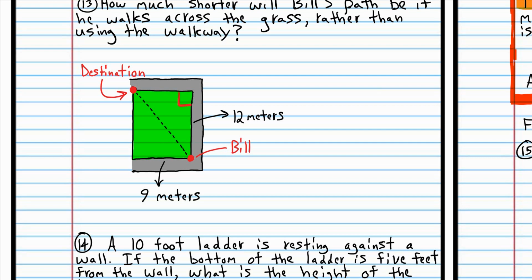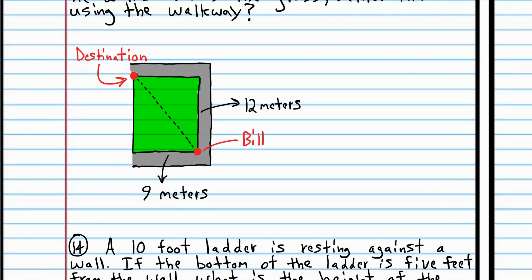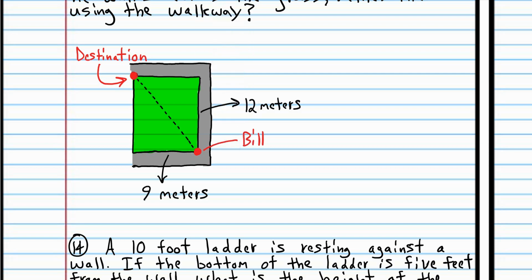So that means that this triangle here or this triangle here, it doesn't really matter which one you use, they're both right triangles. Now this is kind of confusing because you can decide what triangle we want to use. Which one? Well, I'm going to use this one down here. It doesn't really matter. They're both the same.